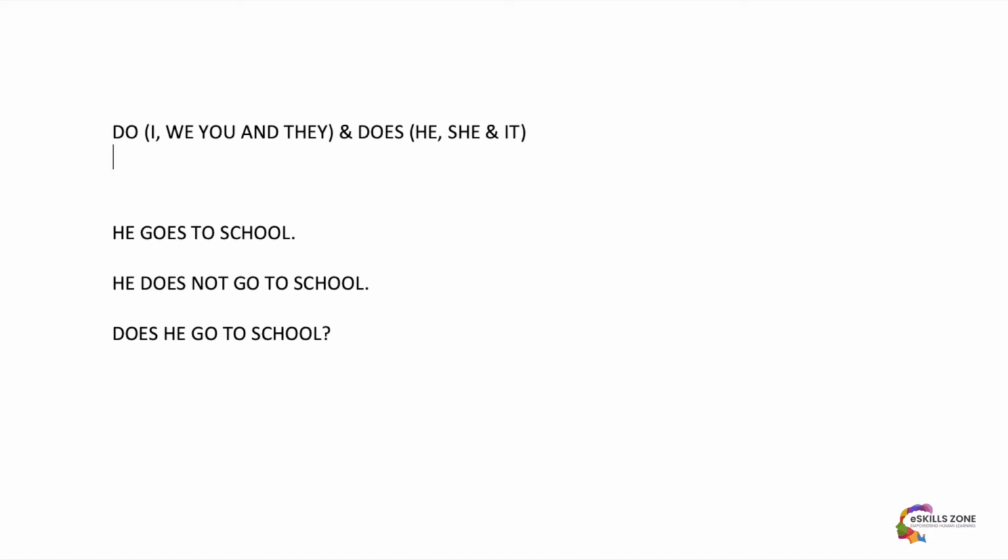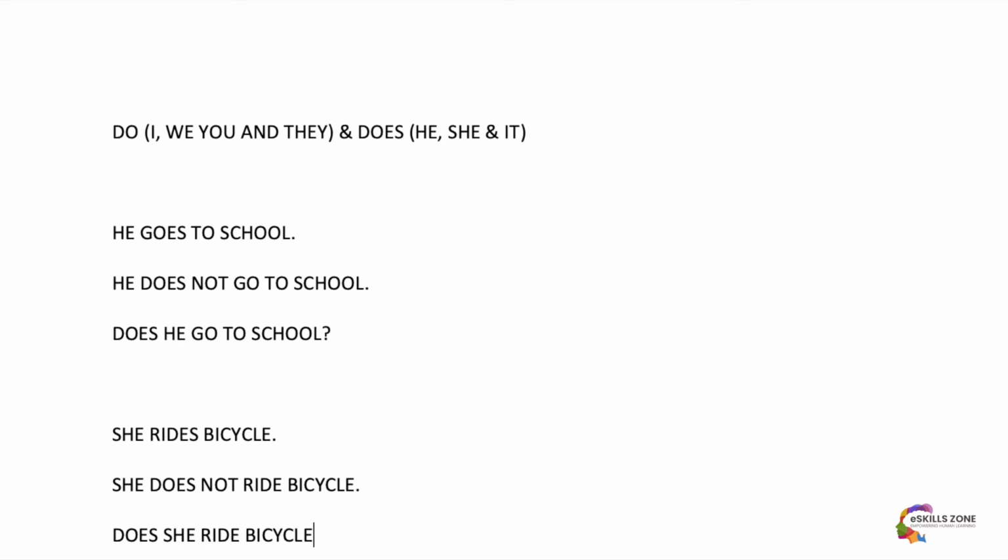Now let's have another example. She rides bicycle. So that's a positive sentence. The negative will be she does not ride bicycle. So now in order to make it interrogative, we need to bring helping verb in the starting, and it's going to be does she ride bicycle.